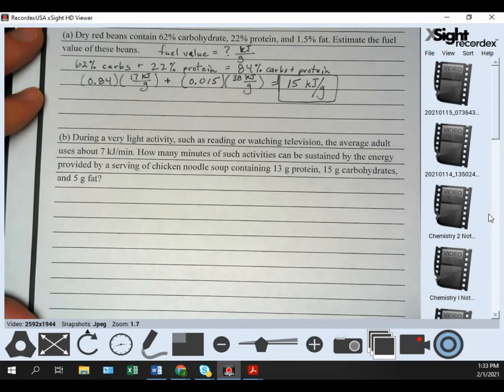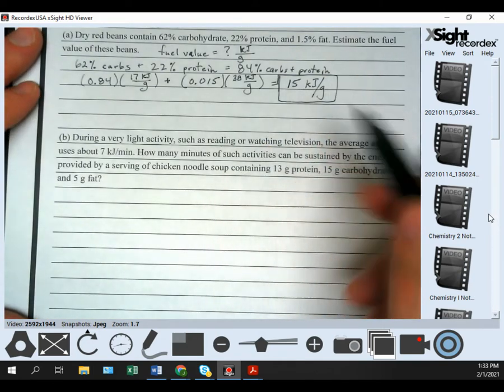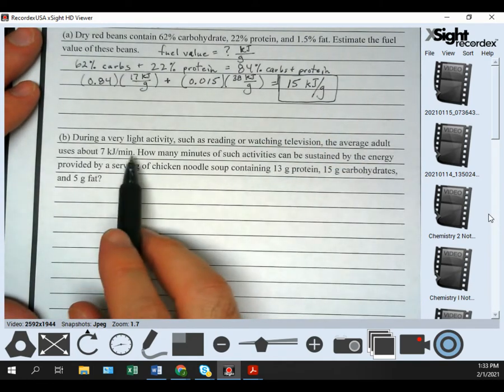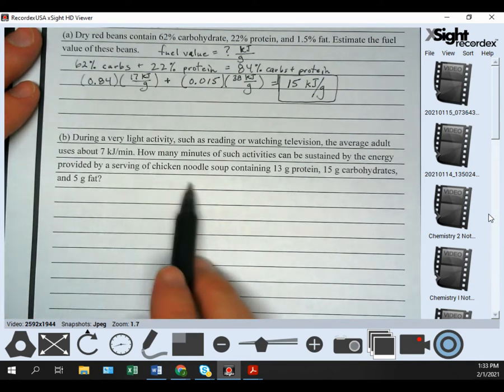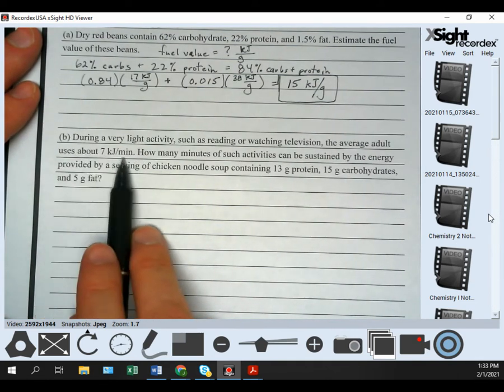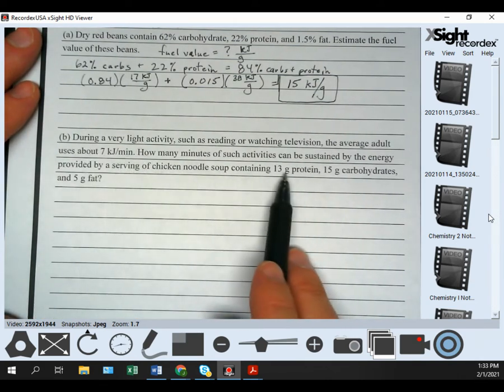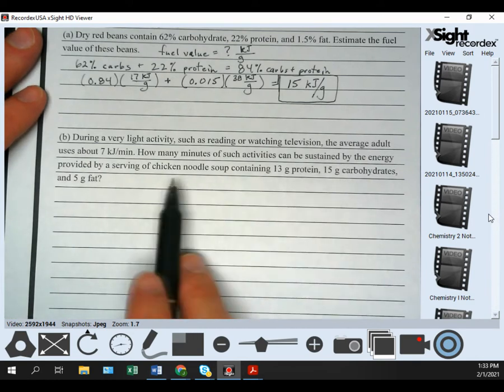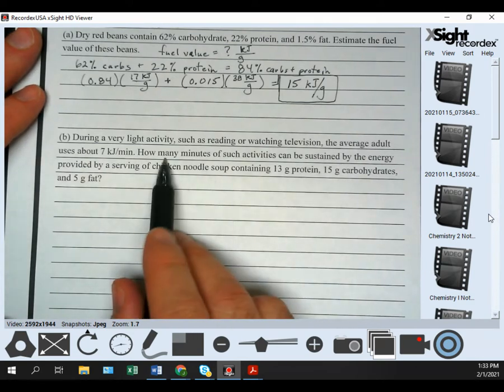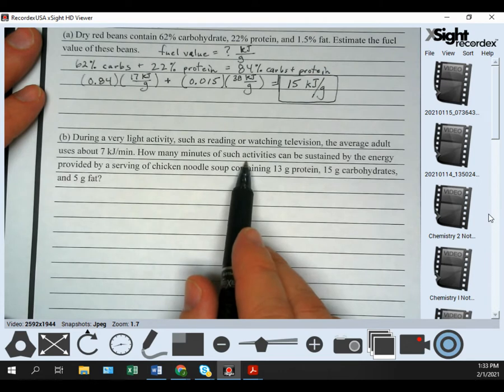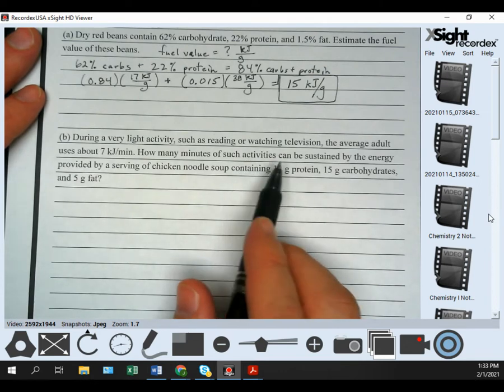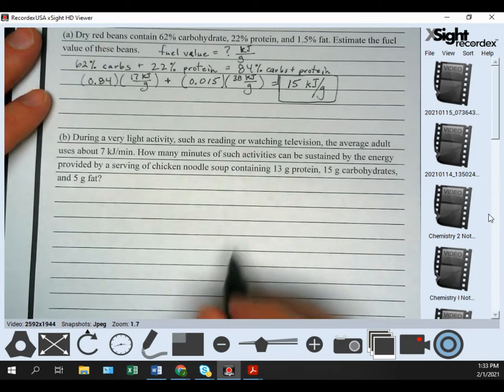All right. So for this one, we've got our light activity, right? 7 kilojoules per minute. We've got our chicken noodle soup, grams, proteins, and carbs. And we're looking for how many minutes of such activities, right?